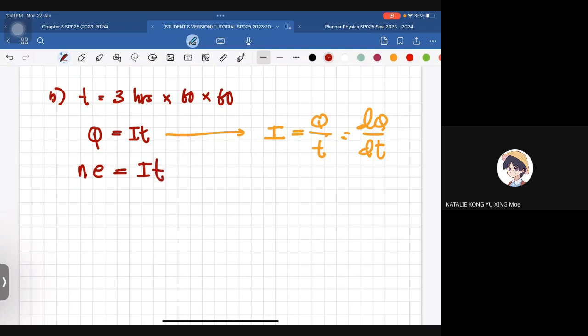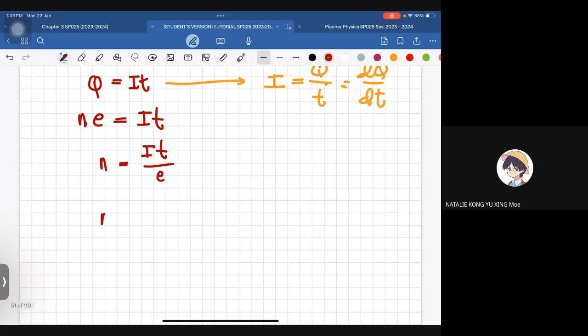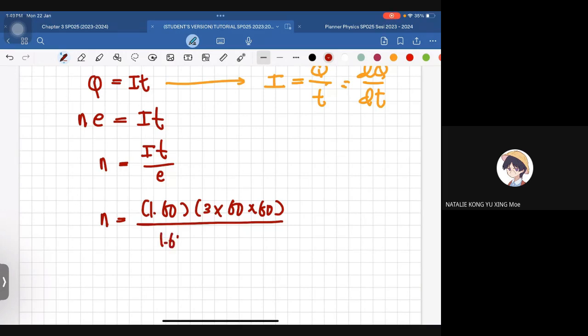Okay? So dari sini kita mau cari apa? Kita mau cari N. So N equals IT over E lah. Right? So from here, I is the current that you've calculated earlier. So substitute je lah. 1.6, yang ni 3, 60, 60. Divide dengan the charge of electron. Charge of electron, kalau kamu tidak ingat, refer lah list of constants tu.